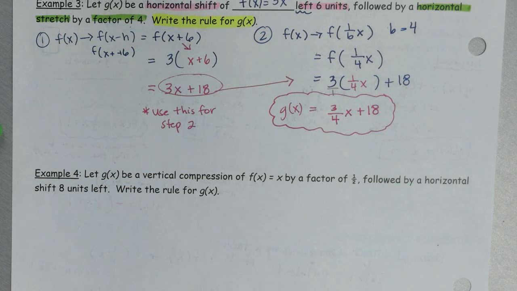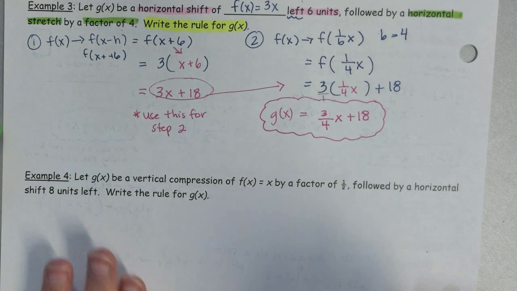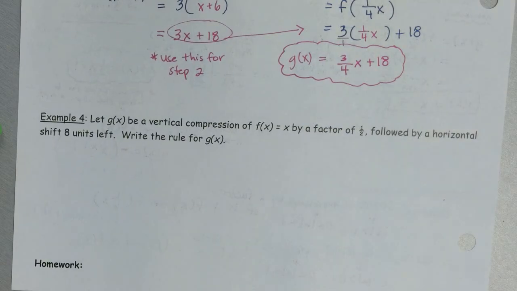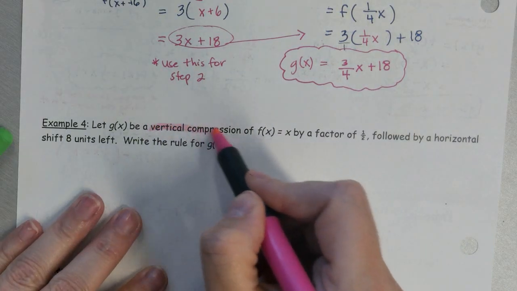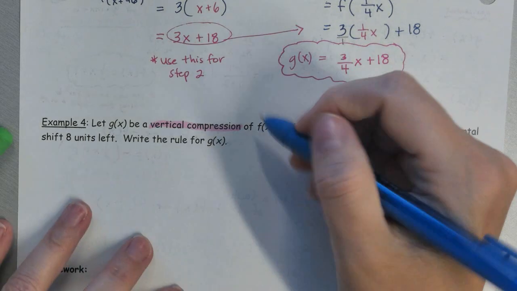All right, you guys want to try the last one without me at first? Okay, so you have a vertical compression, and this one I gave you the equation. So it's f of x equals x.